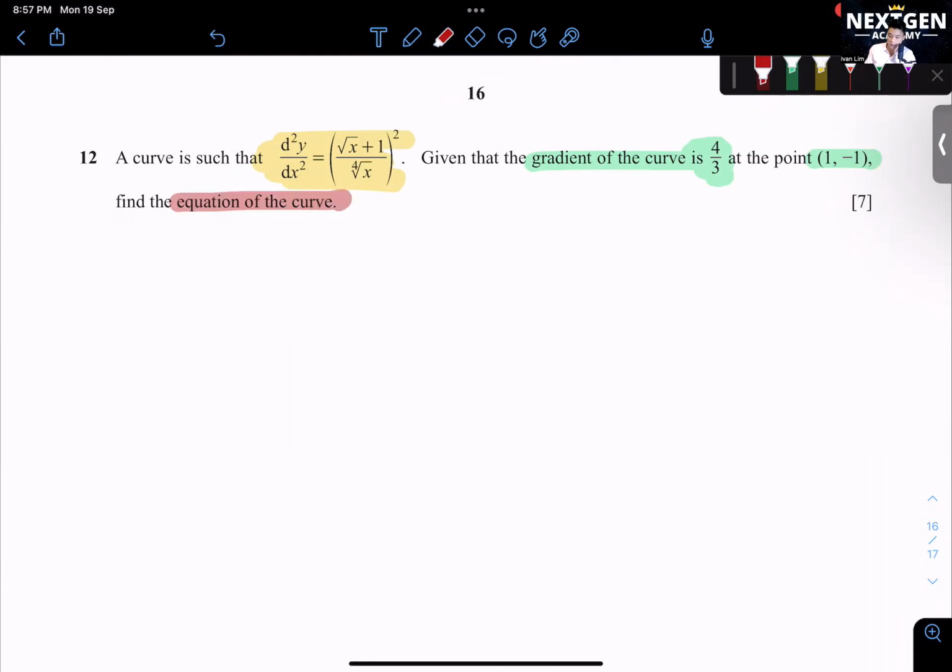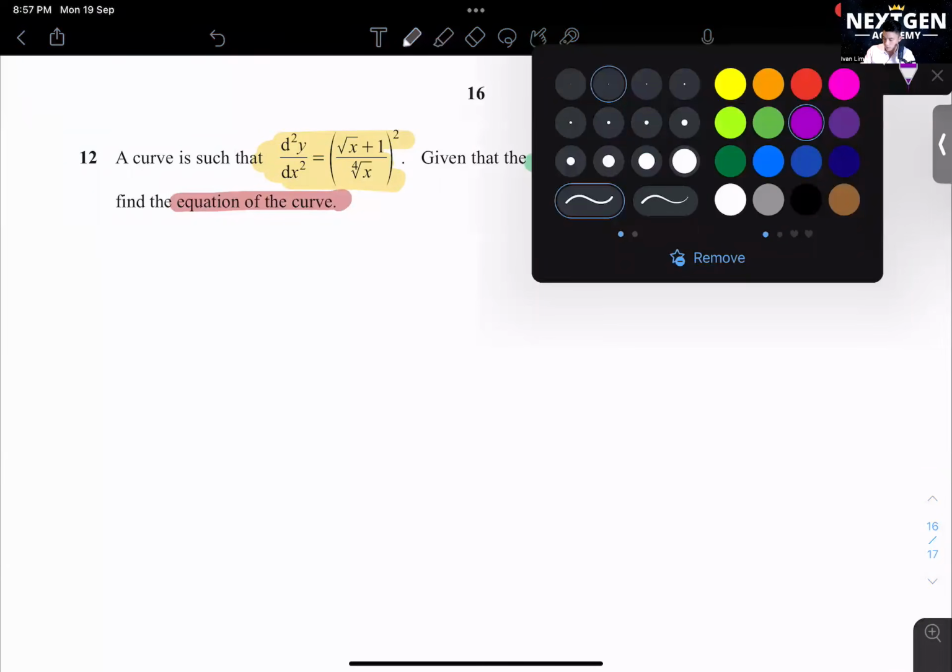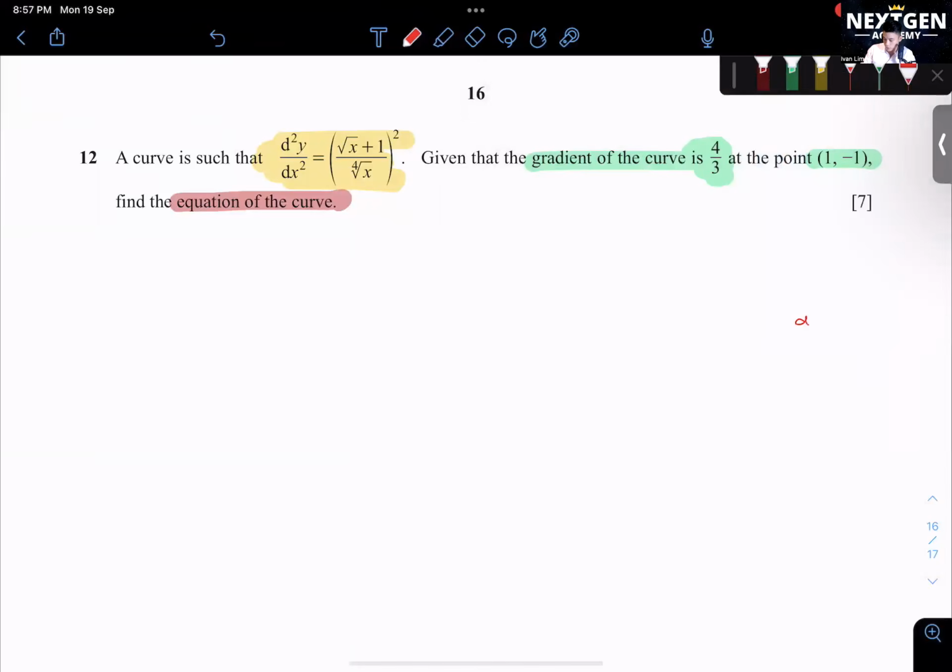It's basically giving you d squared y over dx squared, and asks you to integrate to go to dy over dx, then integrate again to go back to y. But every time you must remember to add plus c, or plus d, which is the arbitrary constant.